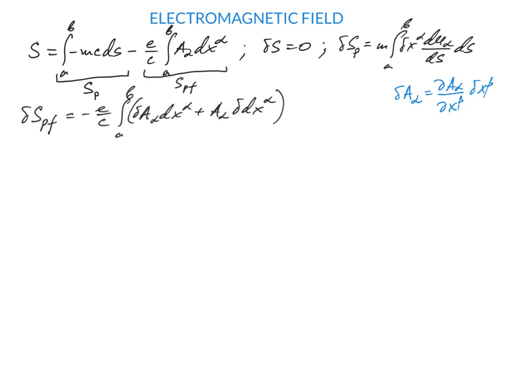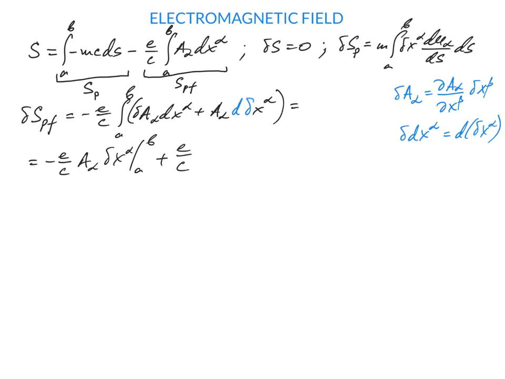Now in the second term, we have delta dx^alpha. Now the variation and differentiation are both linear operations. So this is the same thing as d delta x^alpha. So I'll insert this directly into the formula. And then, of course, the second term will be integrated by parts. So what have we got? From the integration by parts, there will be a free term, minus e over c, A_alpha delta x^alpha, evaluated from a to b.